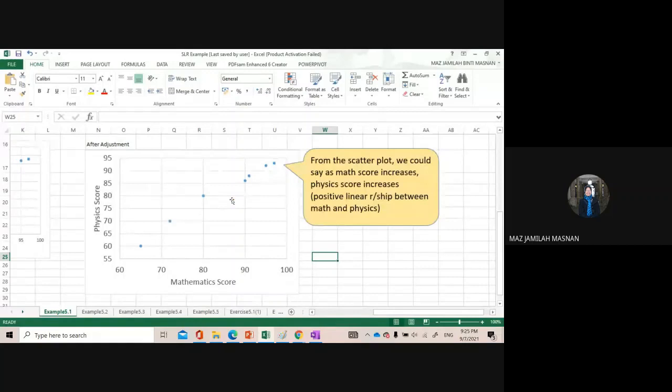Physics and mathematics have a linear relationship and their relationship is positive. When I say positive, it means that as X increases, Y also increases. Do you have any questions in class?